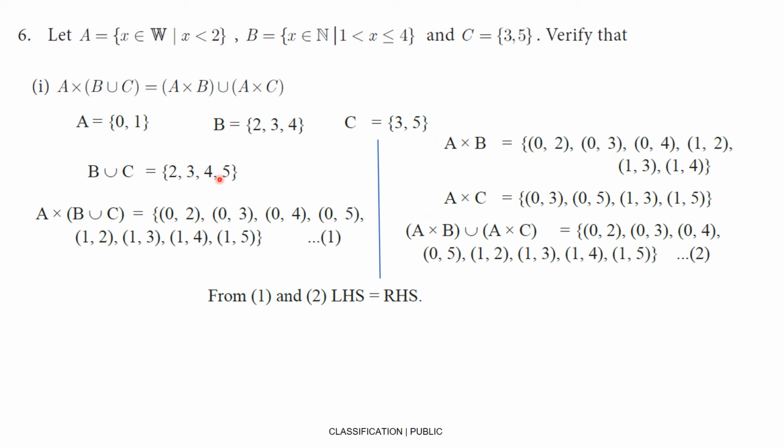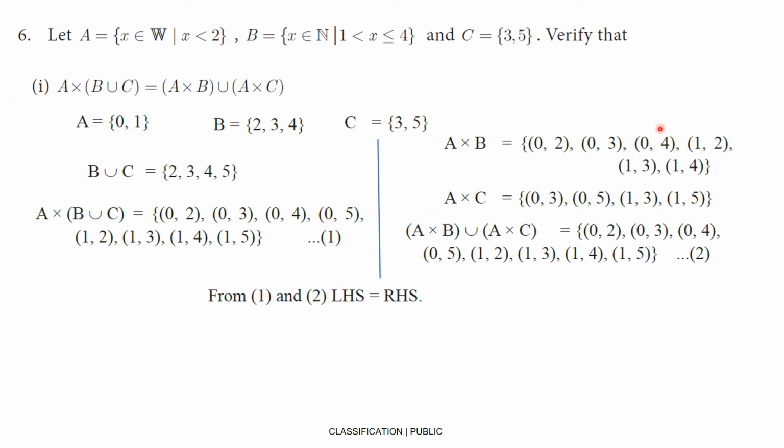That is A cross (B union C), 0, 1 cross 2, 3, 4, 5. So pair it: (0,2), (0,3), (0,4), (0,5), and next (1,2), (1,3), (1,4), (1,5). Okay, this is left hand side, equation 1.